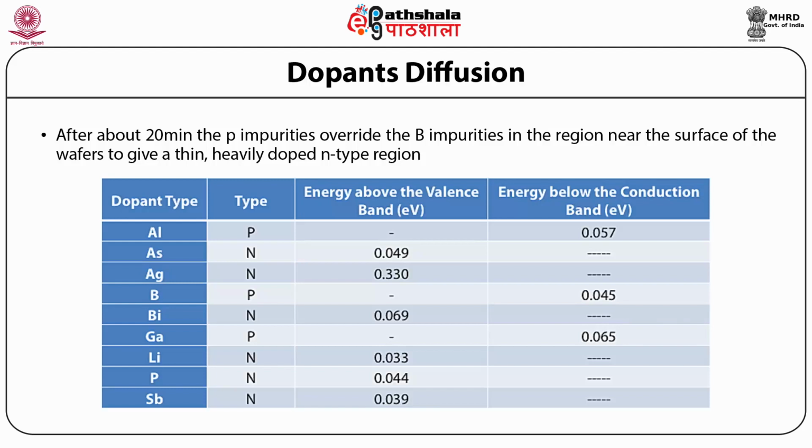Now, as you can see from this table, this shows the different dopants which are used in the silicon, and when they are added into the silicon, which type they will make, and the energy from the valence band, the energy below the conduction band is also being tabulated.